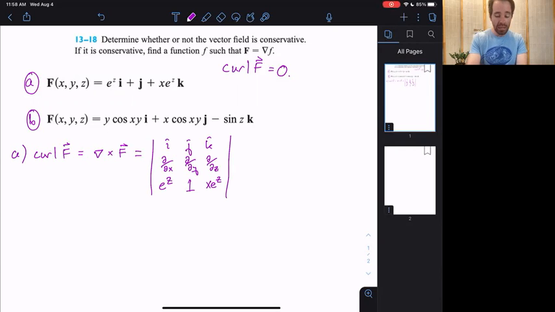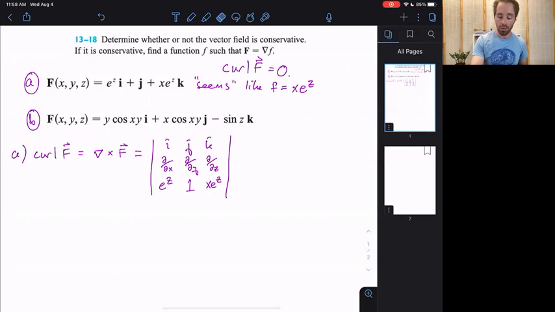It seems to me like f equals x times e to the z would work here. Because if you take the derivative with respect to x, the x drops out and you're left with e to the z. Take the derivative with respect to y, and well, actually, hang on.